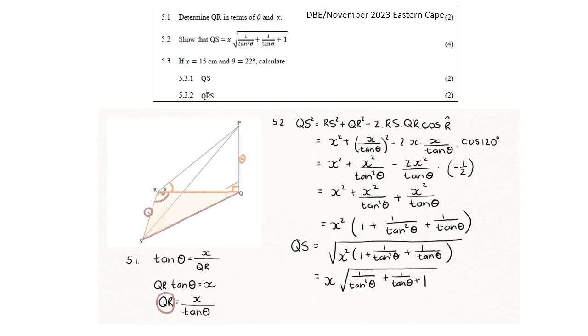QS is then equal to x times the square root of 1 over tan squared theta plus 1 over tan theta plus 1. Let's look at the mark allocation for this question. This question counted 4 marks. You get 1 mark for using the cosine rule, 1 mark for negative a half, 1 mark for the correct simplification, and then 1 mark for taking the square root on both sides of the equation.